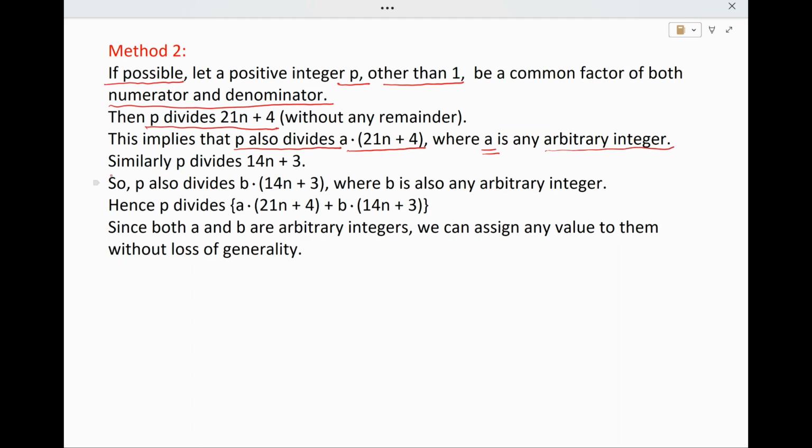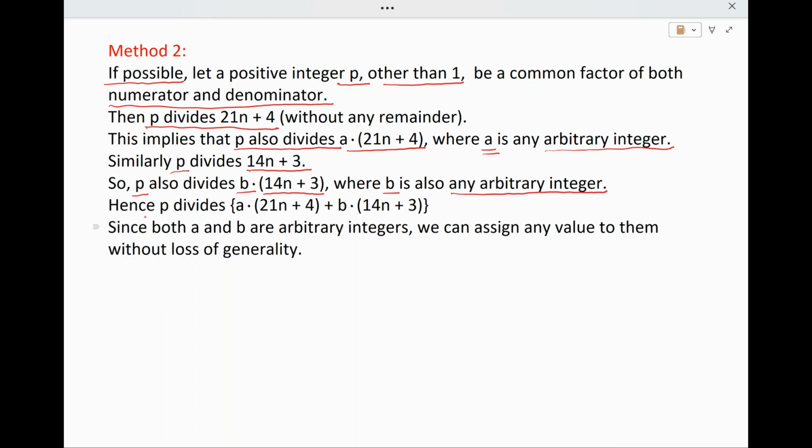Similarly, p divides 14n + 3 without leaving any remainder. Therefore, p also divides B multiplied by (14n + 3), where B is also any arbitrary integer.